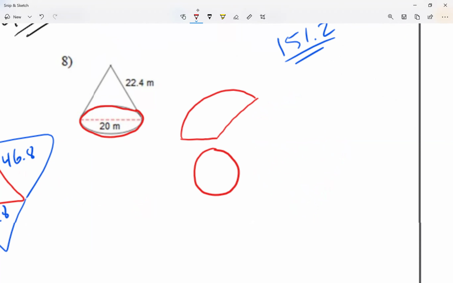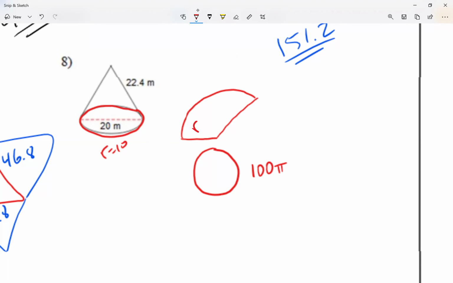All right, let me worry about the circle first. The diameter, you guys see, is 20, so the radius is 10. For the circle, the area is gonna be 100 times pi. Remember, I have to go radius squared, so 10 times 10. Now for my other part, I'm gonna give you guys a formula.